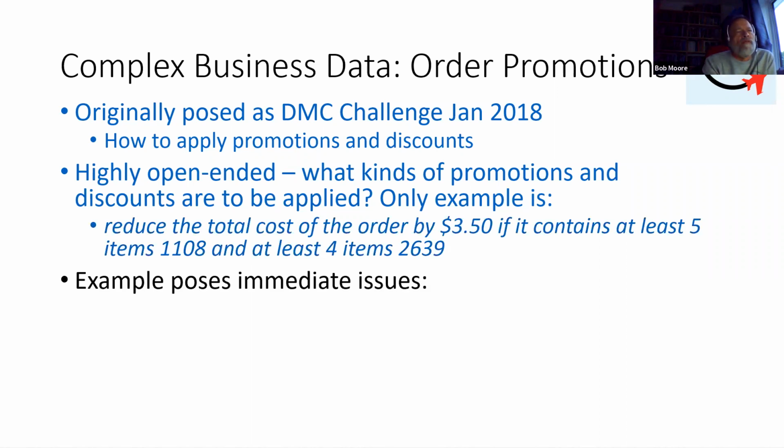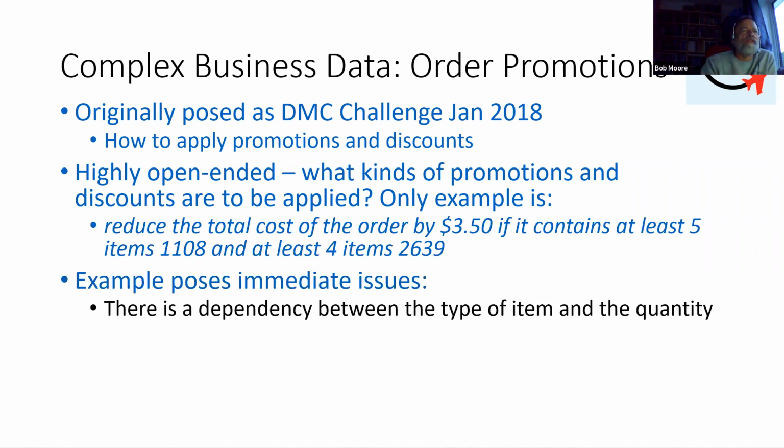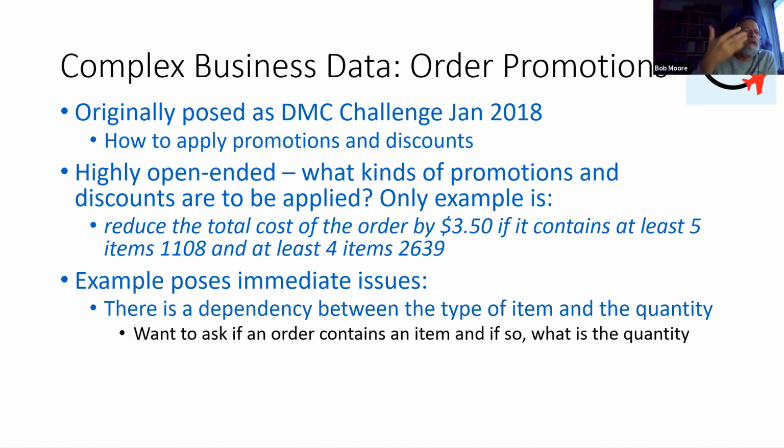So there is a technical question, which doesn't come up immediately. It comes up 5 minutes after you've started trying to implement the solution, which is that there's a dependency between the type of item and the quantity. And the reason why that's a problem is because if you think about a simple decision table implementation of it, I can say, okay, does an order contain a particular item?